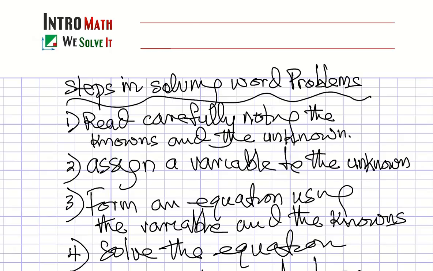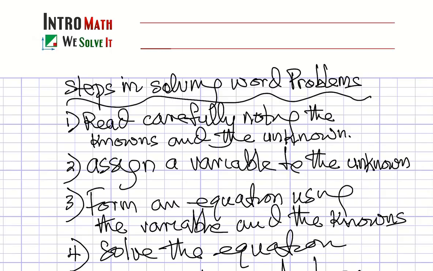Usually there is one unknown. In any problem involving a linear equation in one variable, there's always one unknown. So read the problem carefully, take note of the knowns, there will be a couple of them, and take note of the unknown. Keep the unknown in your mind as you read it.